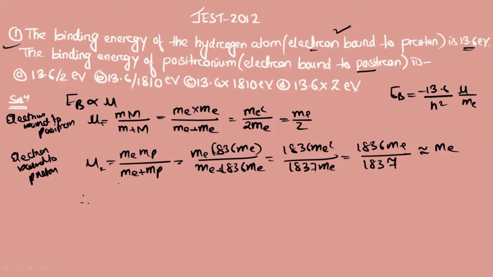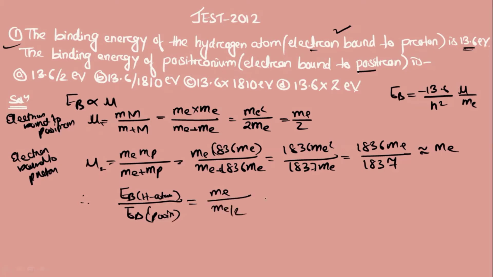All right. So therefore you will write the binding energy of the hydrogen atom divided by the binding energy of the positronium. So it is equal to, for the hydrogen atom, Me, the electron bound to a proton, and for the other one it is Me by 2.